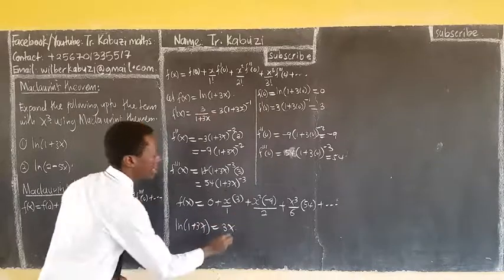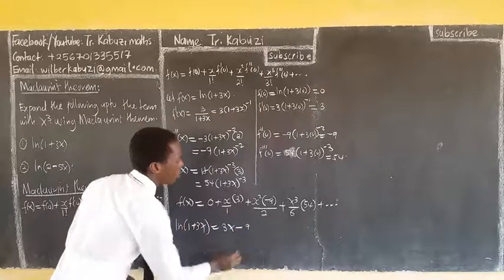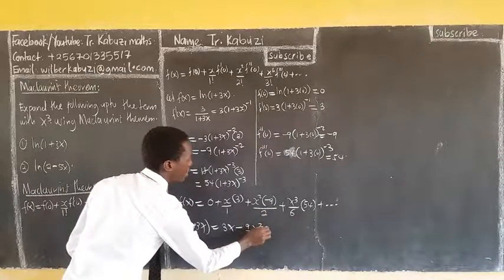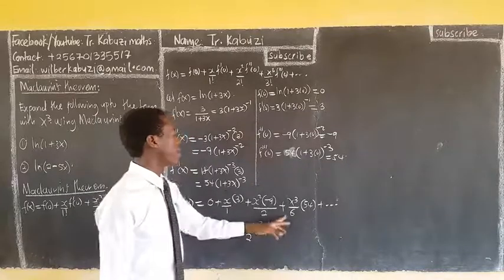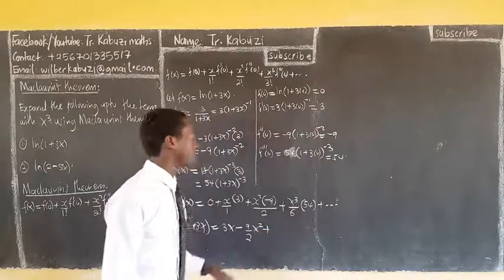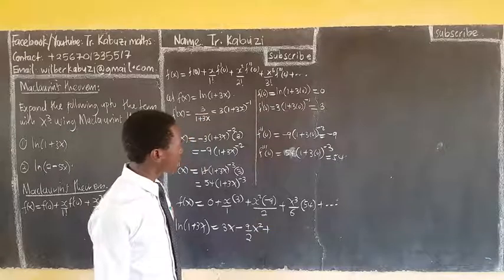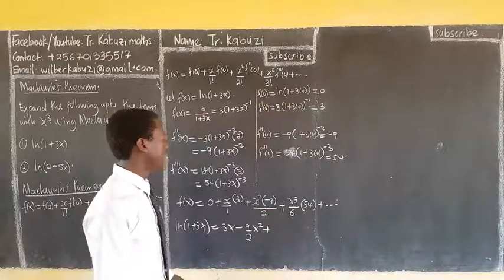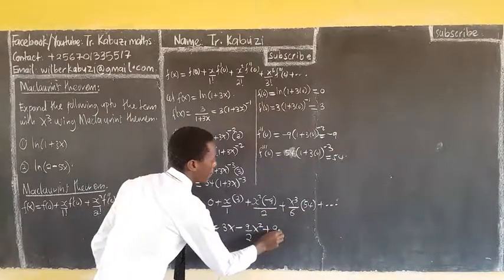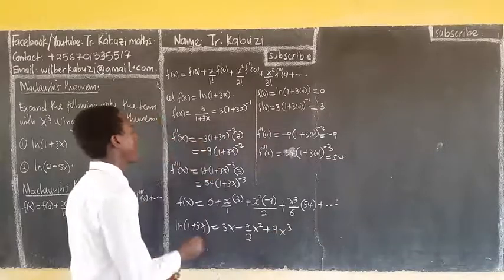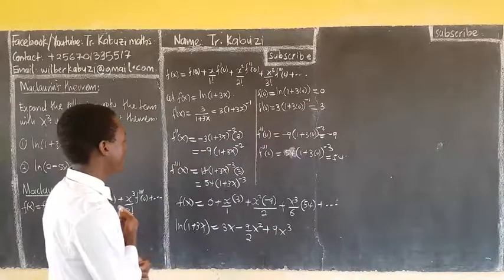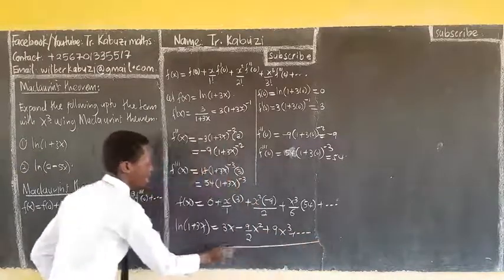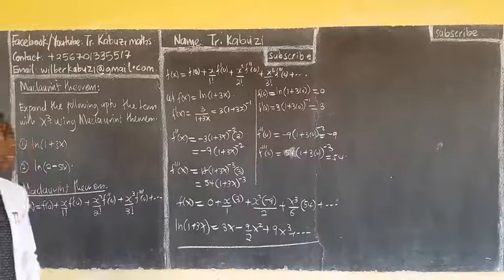Then negative 9 over 2, negative 9 over 2 x squared, then plus, here you can easily simplify. 6 goes in this number 9 times. So we have now plus 9x cubed, plus other terms coming. So members, that's how we use Maclaurin's theorem.